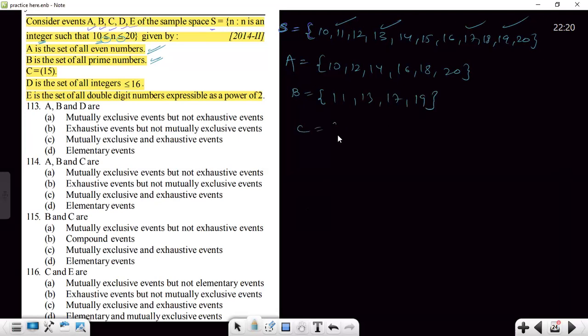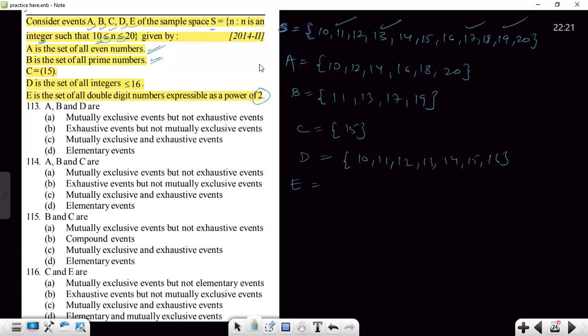C is a set having only one element, that is 15. D is the set of all integers that are equal to or less than 16. So 10, 11, 12, 13, 14, 15, including 16. Event E is a set of all double-digit numbers expressible as a power of 2.